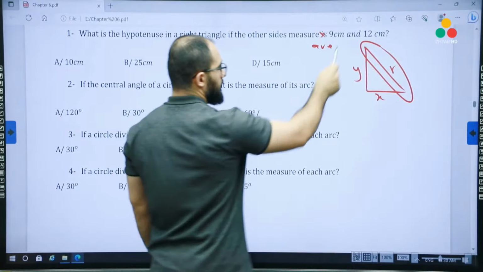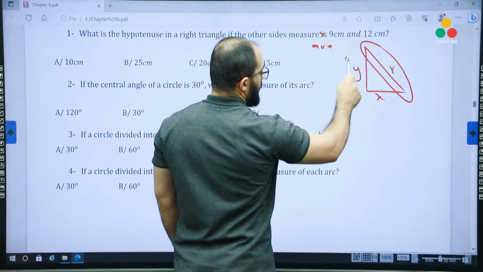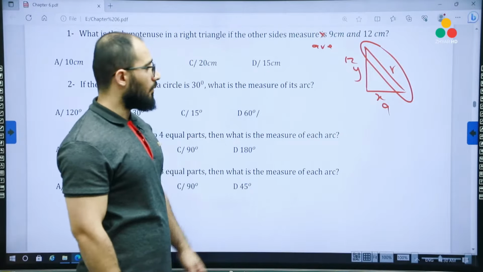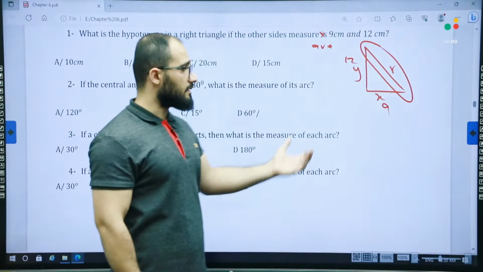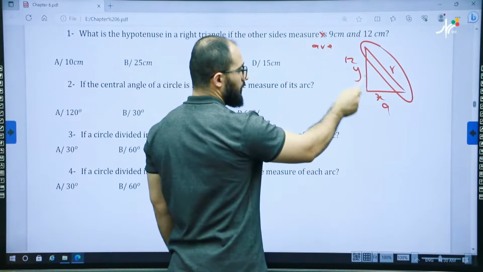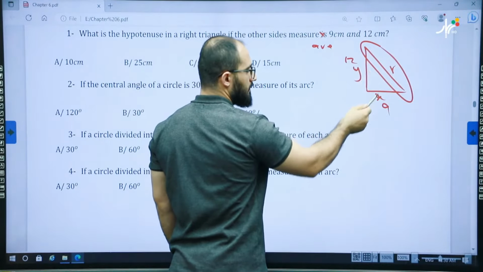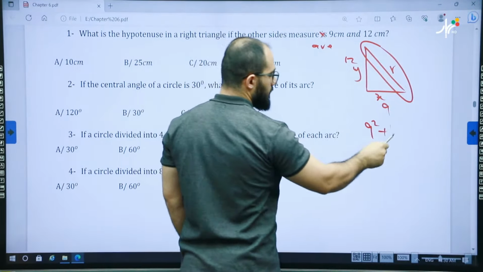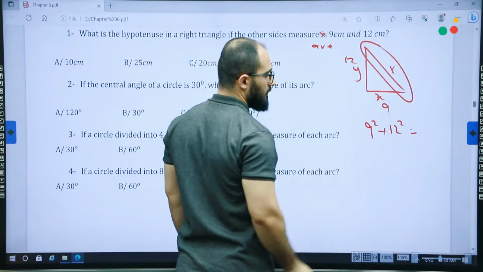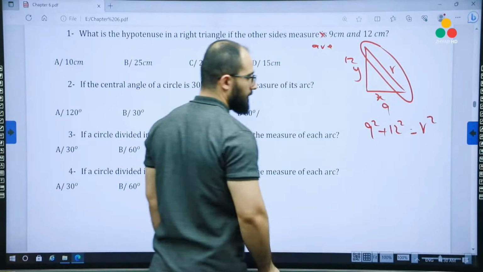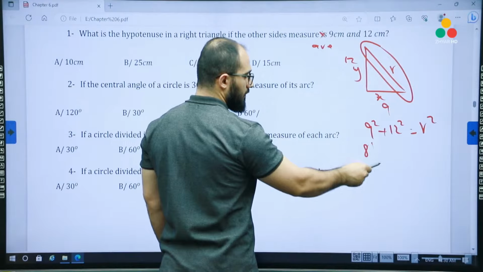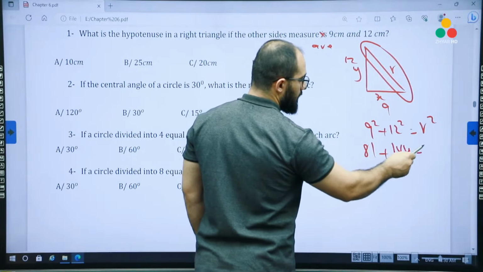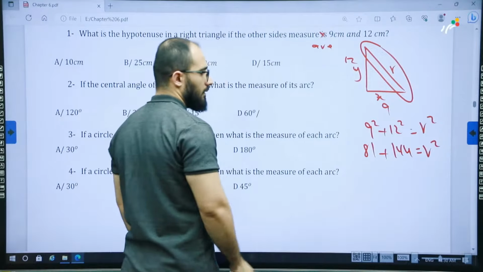Then it says this is 12 and also 9, the measure of the other sides. What is the hypotenuse? It's quite easy because by the rule x squared plus y squared is equal to r squared. 9 squared plus 12 squared is equal to r squared. 9 squared is 81 plus 12 squared is 144, equal to r squared.